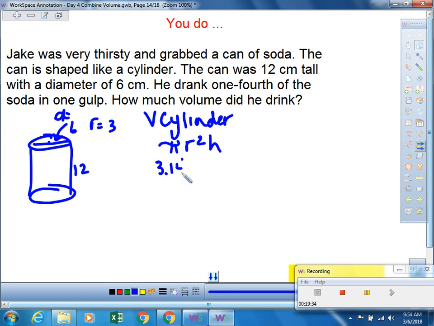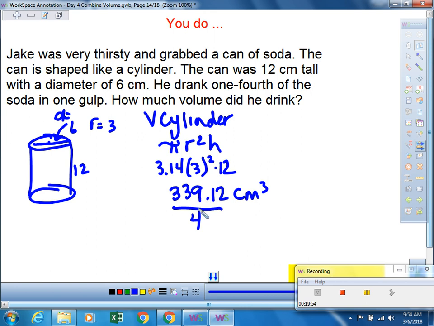So 3.14 times 3 squared times 12 is how much? 339.12, and this is centimeters cubed. So then how do I figure out how much he drank? 1/4? Divide by 4.